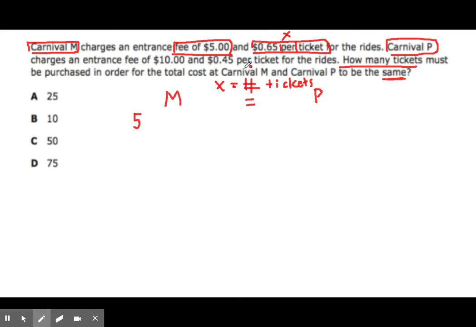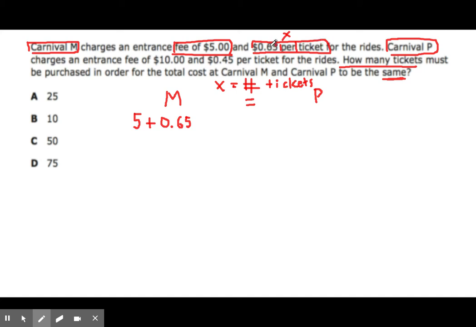All right. So to get the total charge for Carnival M, we need to take our $5 entrance fee and add it, because remember, to get the total cost, we need to add our charges or add our cost. So 65 cents. So I need to take that 65 cents and I'm multiplying it by the cost per ticket.